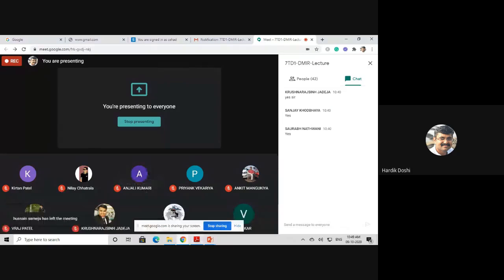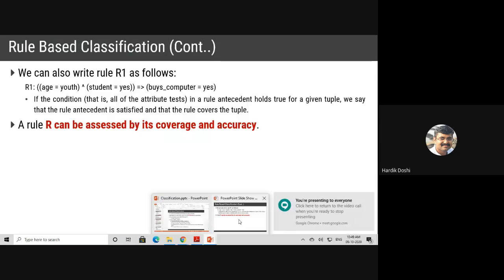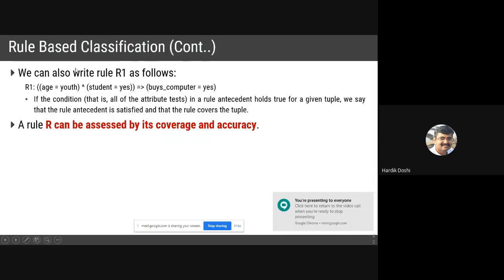Okay, so let us move further. Read this statement very carefully. Rule 1 is defined where age equals youth and student equals yes, which implies buys computer equals yes. If the condition in a rule antecedent holds true for a given tuple, we say that the rule antecedent is satisfied and that the rule covers the tuple.